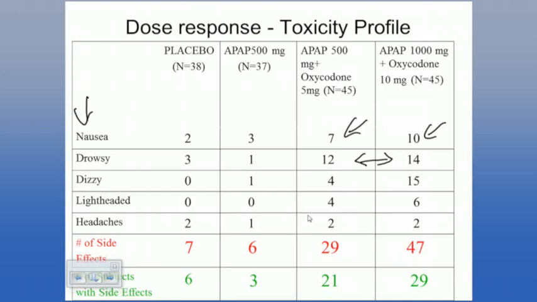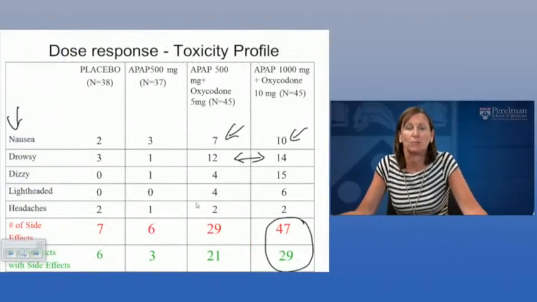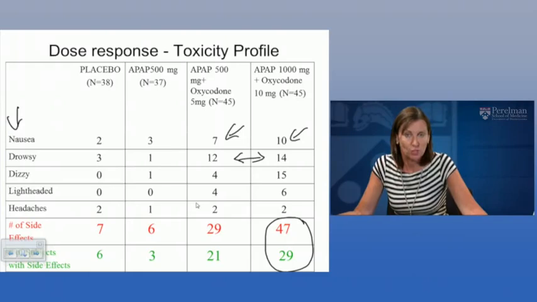Very significant differences between dizziness, and then if we look at the overall number of side effects, no question that the higher dose of Tylenol and the higher dose of oxycodone was a less well-tolerated, more toxic intervention in comparison to either Tylenol or the lower doses.